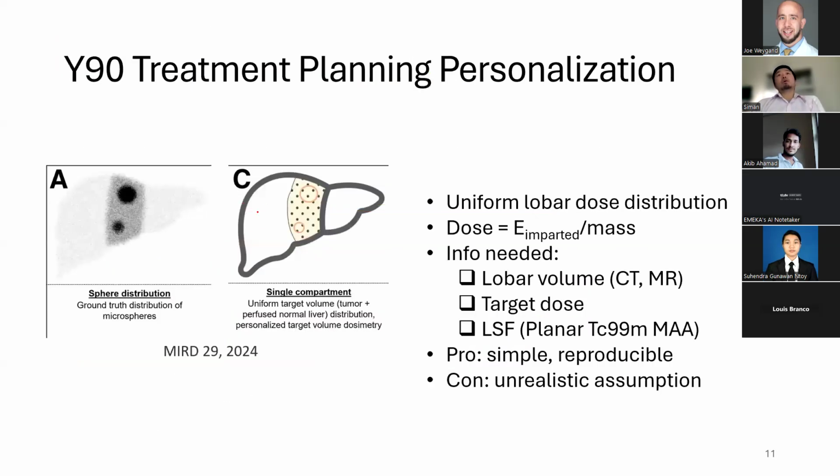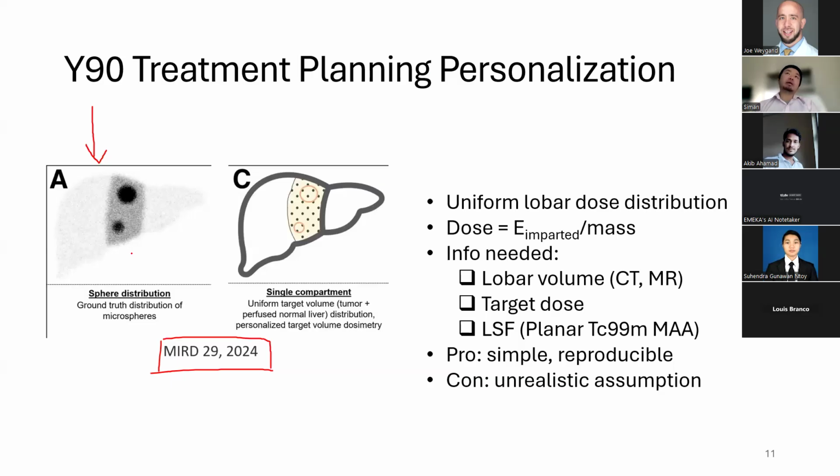So in Y90 treatment planning, what we are going to discuss in the next few slides is different models of personal dosimetry. This is based on the work by MERT 29, just recently published last year. The left image here is the true distribution, and this is a model, of course.